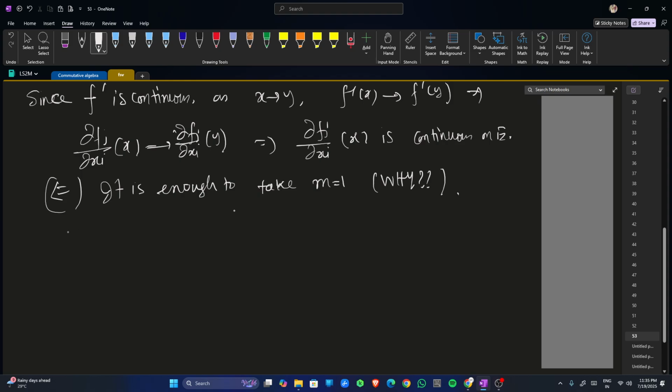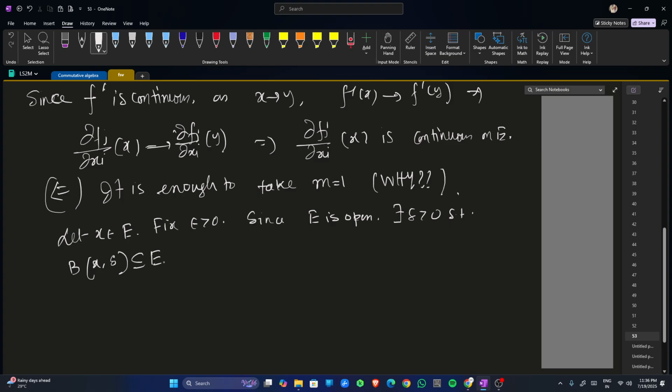Fix an epsilon. Let x belong to E, fix epsilon greater than 0. Since E is open, there exists delta greater than 0 such that the ball centered at x of radius delta is contained in E. Now note that this ball is convex.